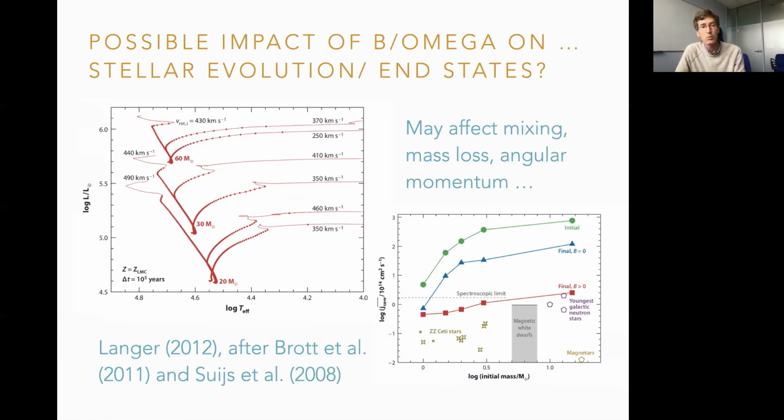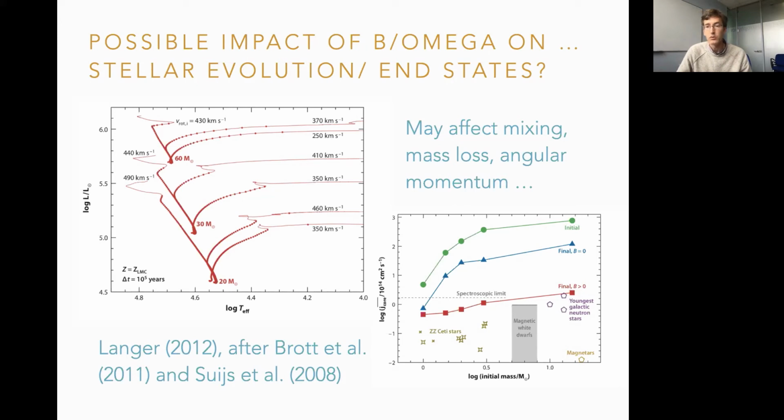This upper plot is just showing you a couple of examples of stellar evolution tracks with a particular prescription, which may or may not be right, trying to incorporate the effects of different rotation rates, showing that they do behave slightly differently at sufficient precision. For more massive stars, what outcome you get as the final stage of stellar evolution, whether you get a magnetar or not, seems to depend to some extent on the angular momentum transport in the progenitor object.